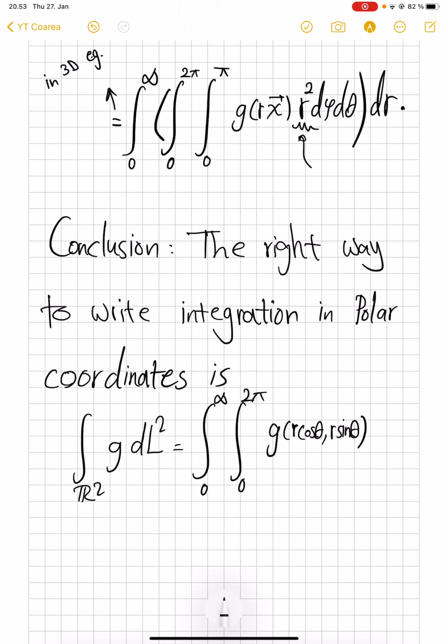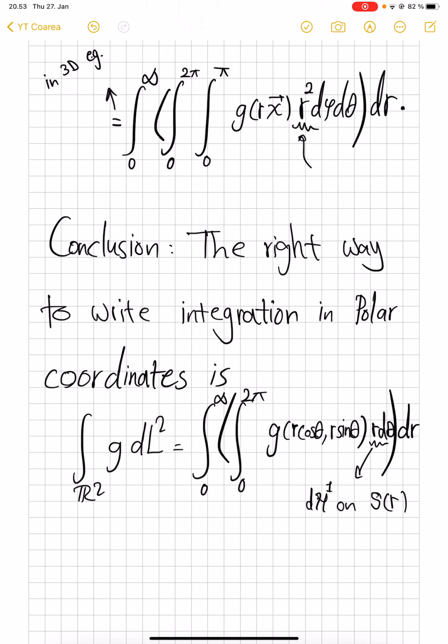Now the measure on the circle is r d theta, and then comes dr. So this is the right order in which that should be understood. That r d theta is the measure, this is dH^1 on the circle of radius r.